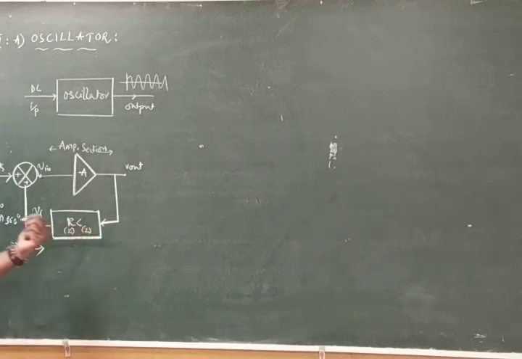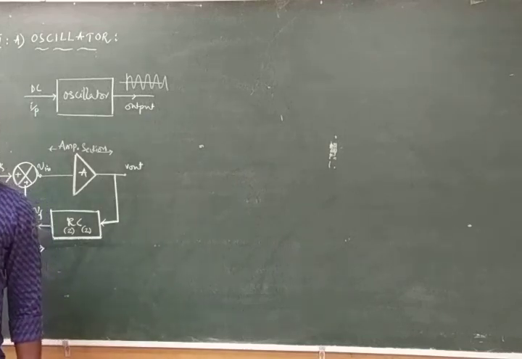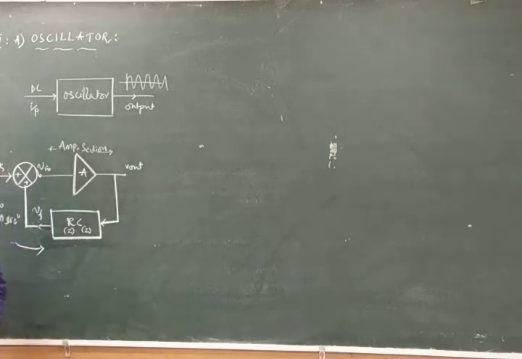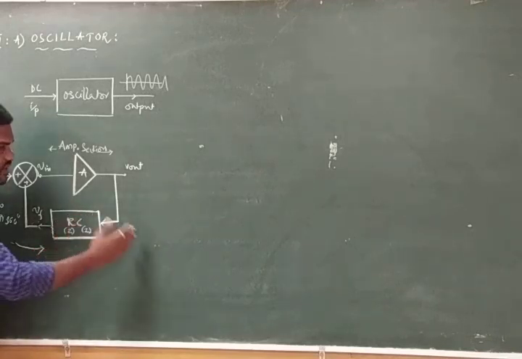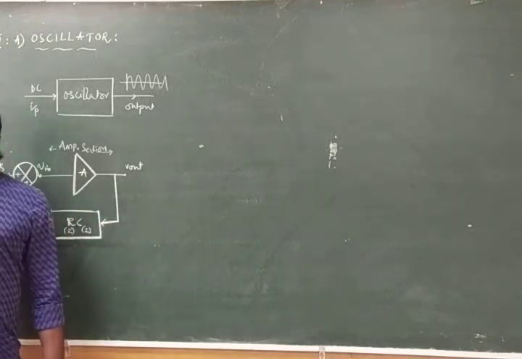This is about the Wien bridge oscillator block diagram. What is the first oscillator we have discussed? RC phase shift oscillator, in which the feedback network is able to provide the phase shift of 180 degrees.